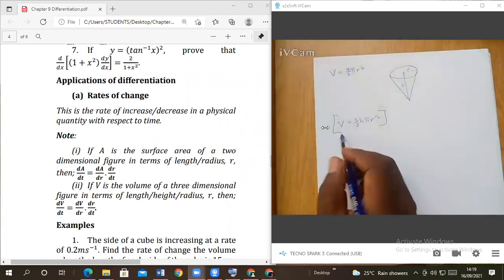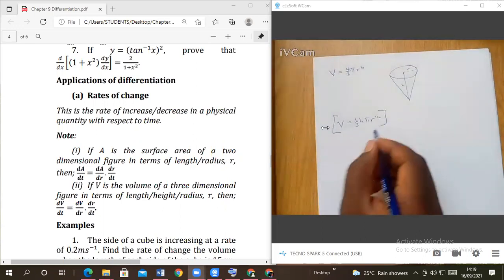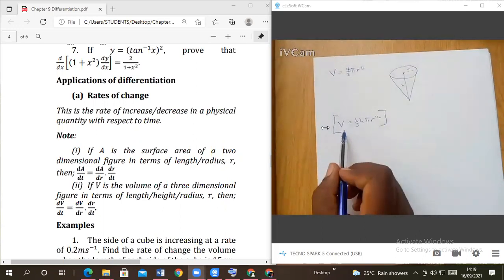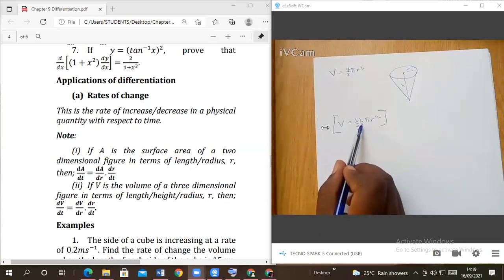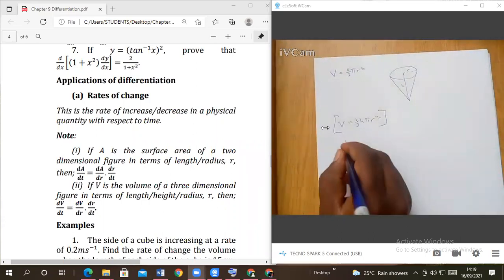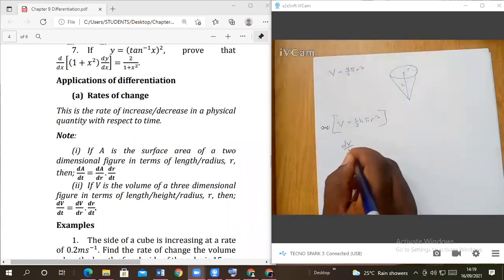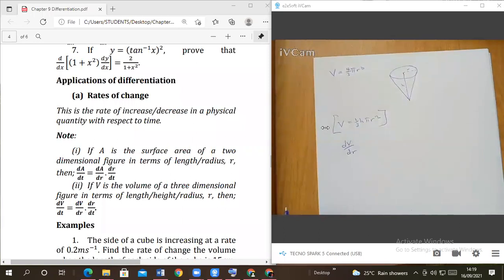So what I was saying is that if you are to find the derivative of this V with respect to the dimension r, you have to find a way of taking away this other dimension, that is the h, so that you can get dV/dr.